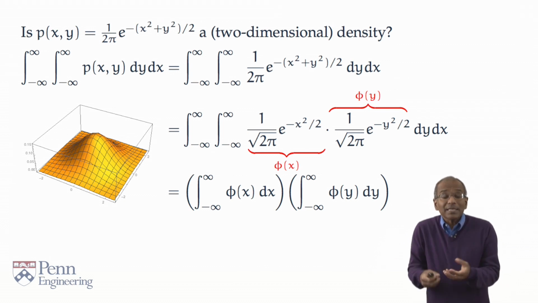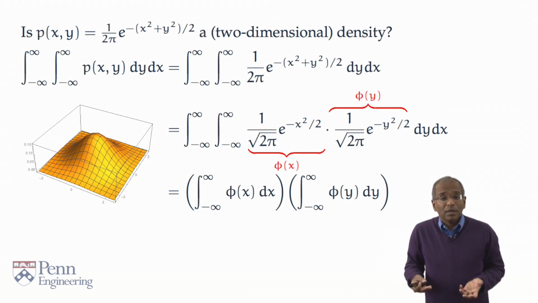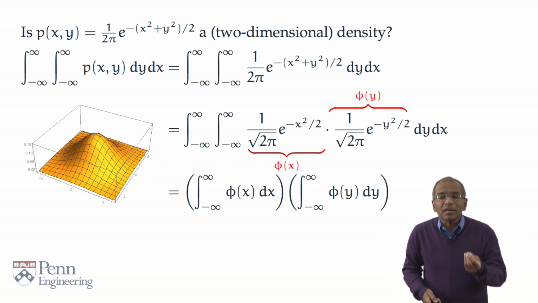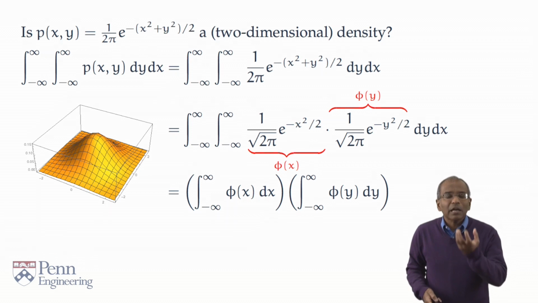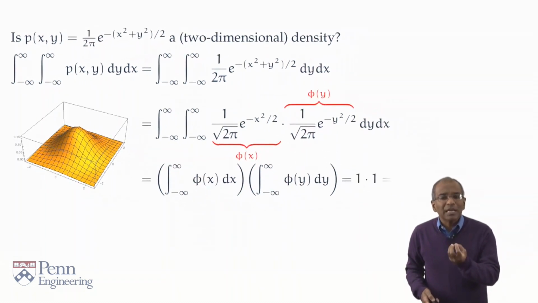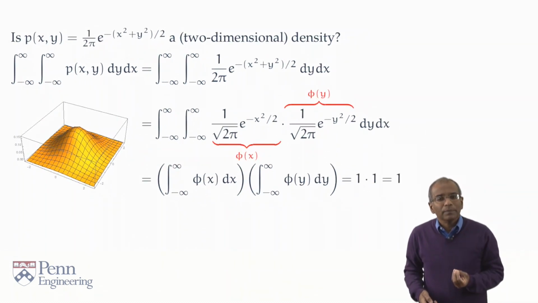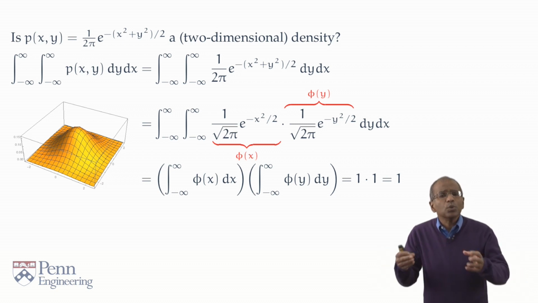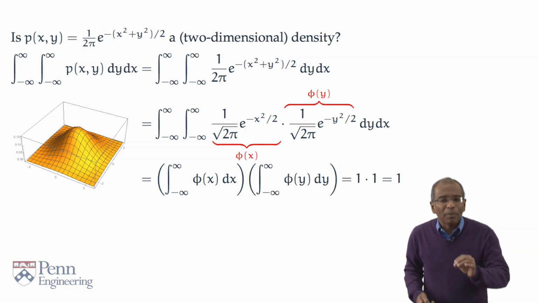The normal density is a density in 1 dimension. And therefore it's positive, and critically, it integrates to unit. And therefore, each of these 2 integrals is identically 1. And therefore, we get 1 times 1, or 1, and this 2-dimensional function is positive and indeed properly normalized. And now we recognize its provenance.